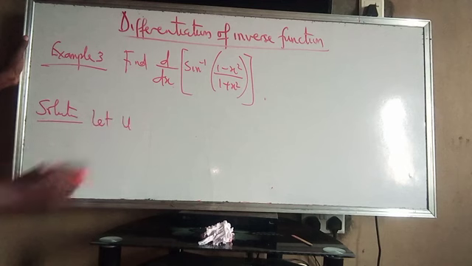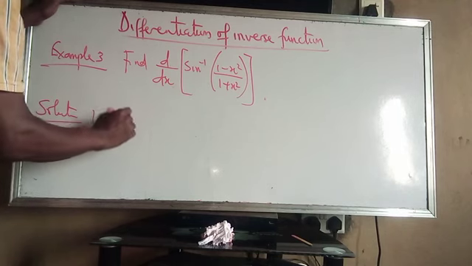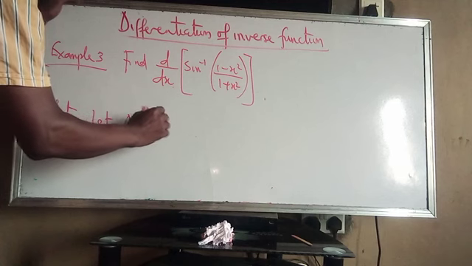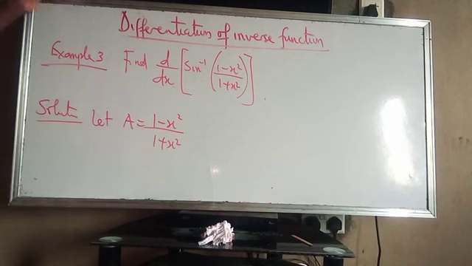Let u, we might decide to use something else so that we don't run into trouble. Let's use a variable a, is equal to 1 minus x squared all over 1 plus x squared. You know the reason why we are using a now.